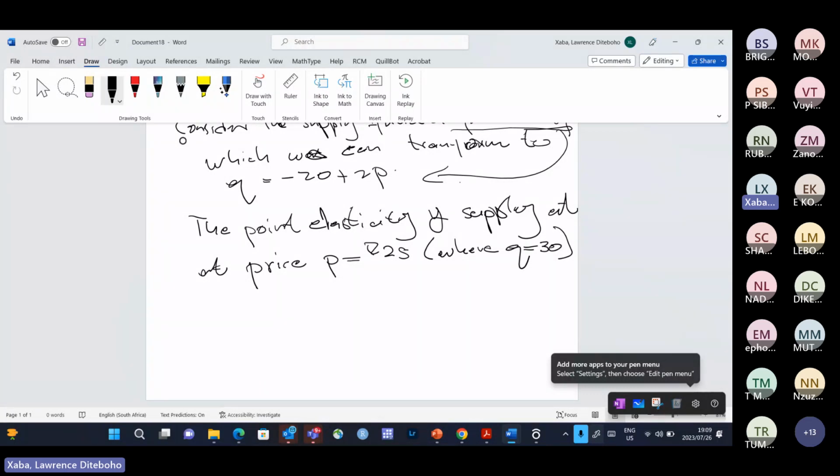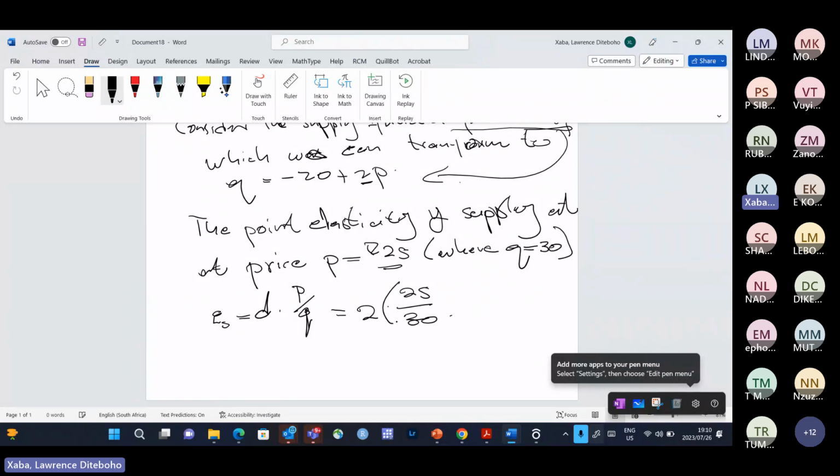And we're saying elasticity of supply is denoted by E subscript S equals D times P divided by Q. From the given information, we have our slope, which is +2, times the price of 25 Rand, which represents our P, divided by the quantity, which is 30.